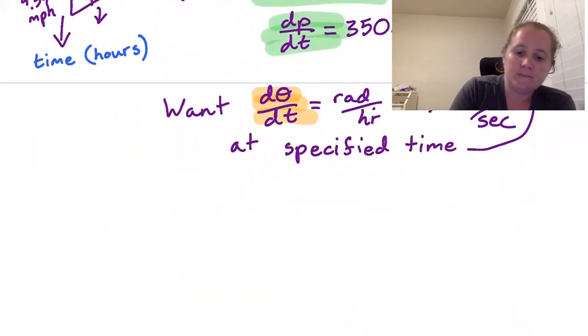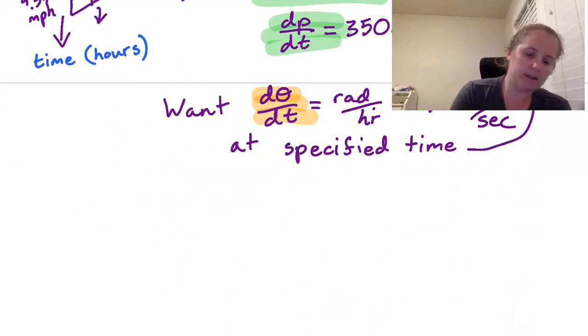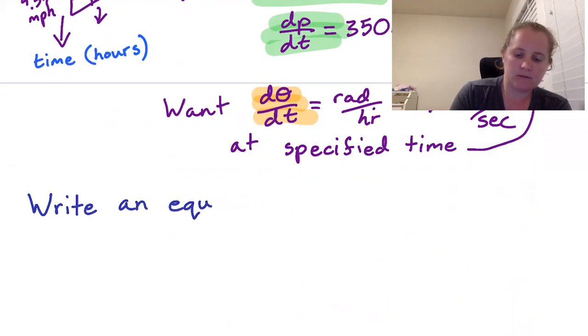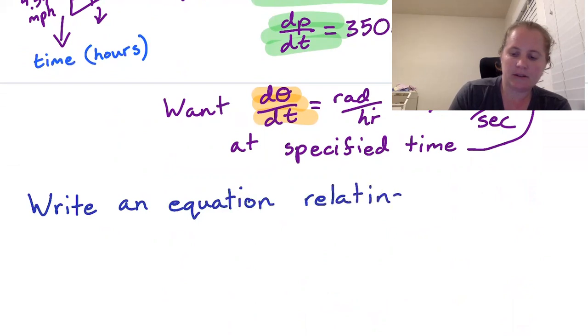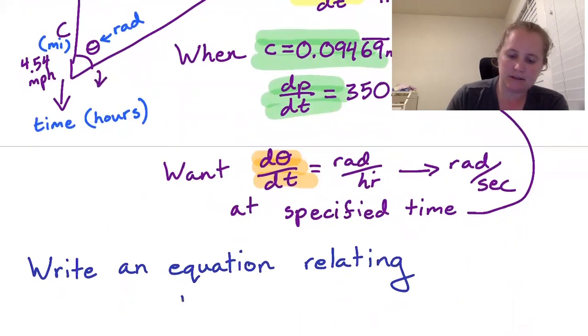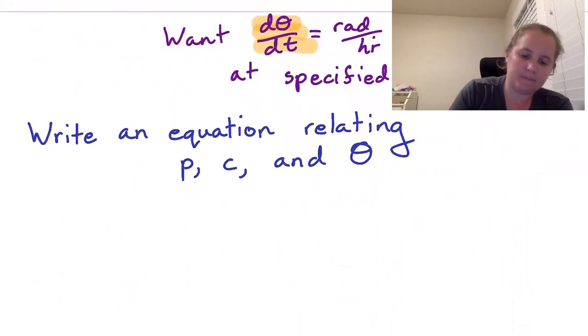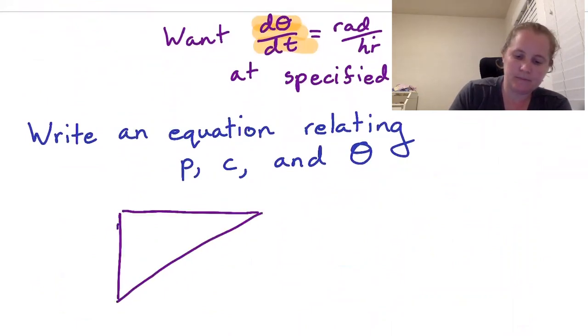So from here, we now need to come up with the equation, right? So we're going to write an equation relating P, C, and theta. So again, if we draw our little diagram, here's P, C, and theta.